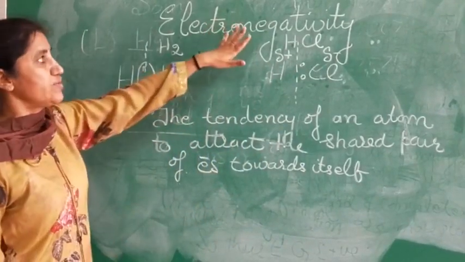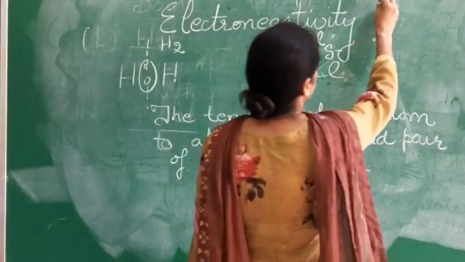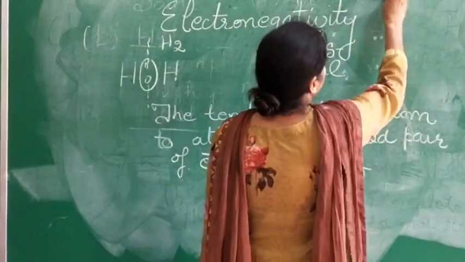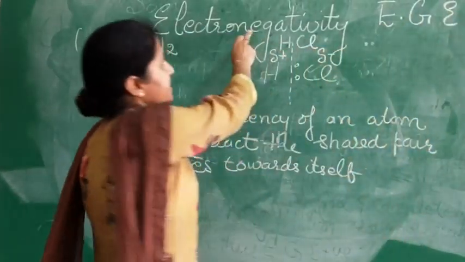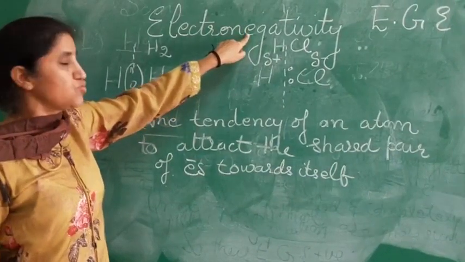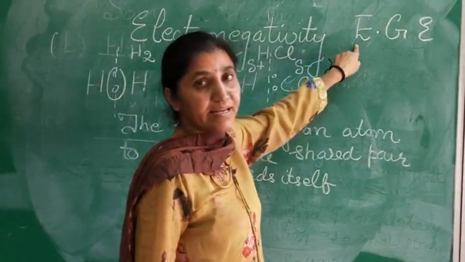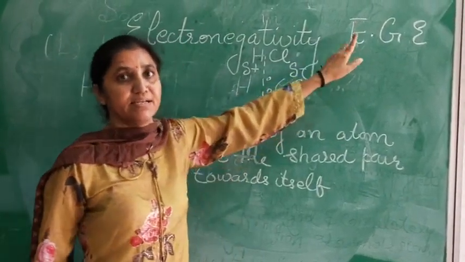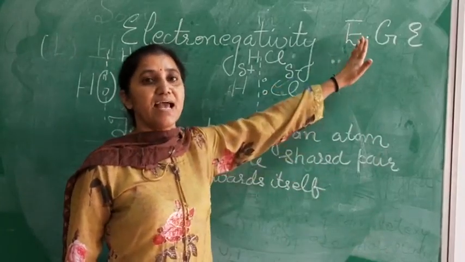Now this electronegativity differs from electron gain enthalpy. Electronegativity is just the tendency of an atom to attract the shared pair of electrons. But electron gain enthalpy is the energy released when one electron is added to an isolated gaseous atom.